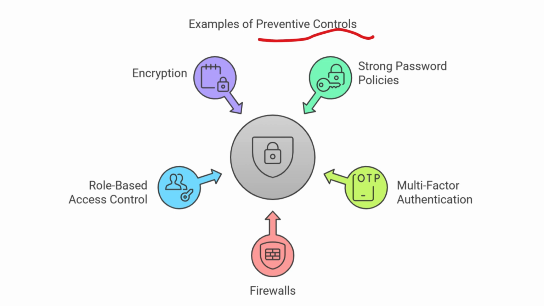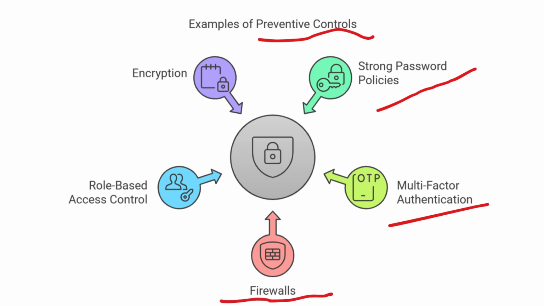Imagine a locked door at a restricted area. If someone without authorization tries to enter, they cannot get in. That is a preventive control in action. Examples of preventive controls are strong password policies, ensuring users create strong, complex passwords. Multi-factor authentication, MFA, requiring more than just a password to log in.